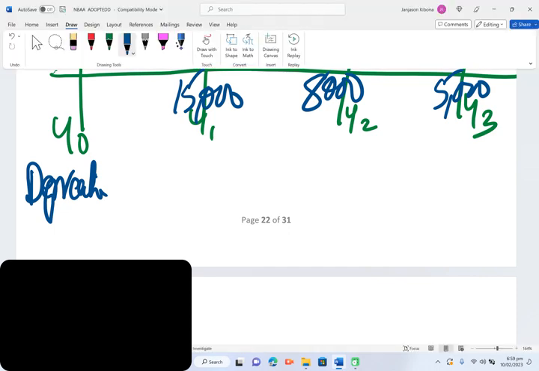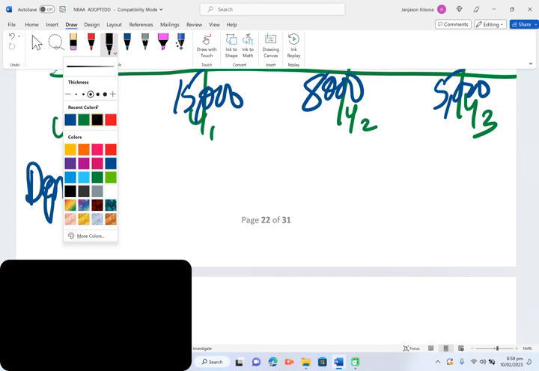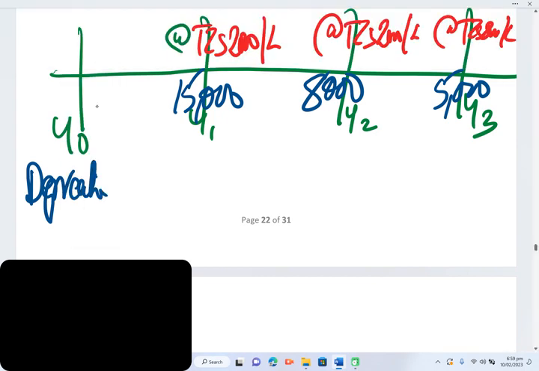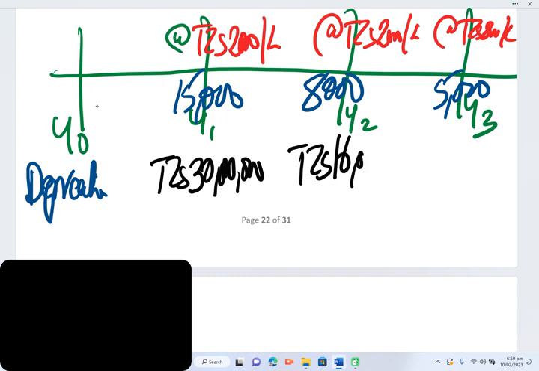Unapata ngapi? Milioni 30. Hii ndio depreciation ya mwaka wangapi? Wa kwanza. 30 million has gone. Mwaka unaofuata unasema 8,000 mara 2,000, milioni 16. Hapa itakuwa milioni 10.